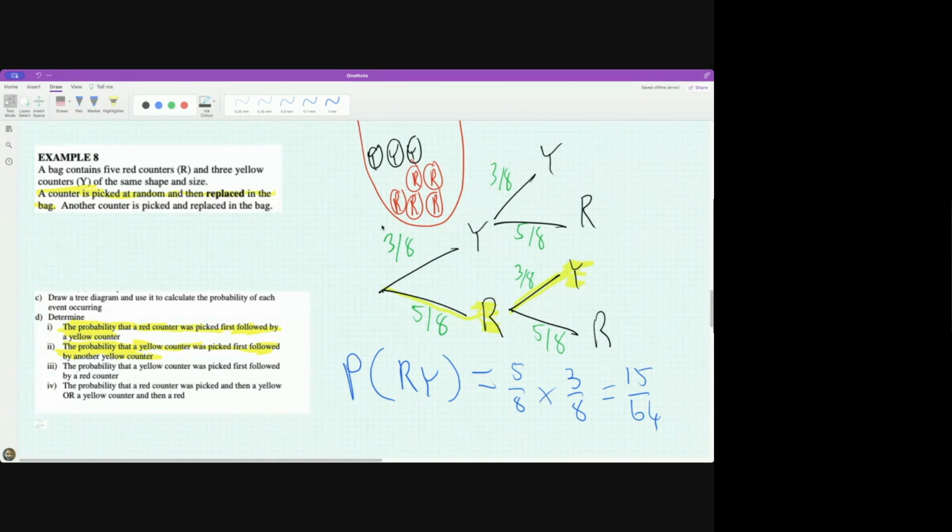Ask yourself, which part of the tree are we on for the yellow? I think it's this pathway here. So excuse me writing things everywhere, but I think I'm getting better at this. And it feels like it should just be 9 out of 64 for this one.